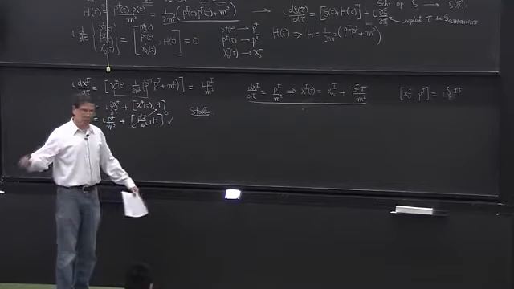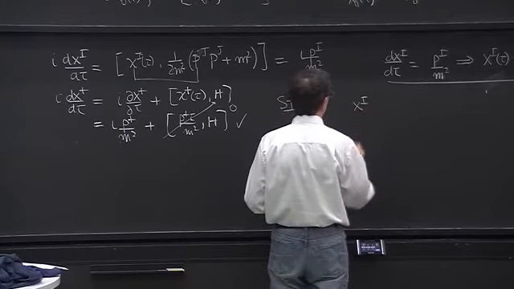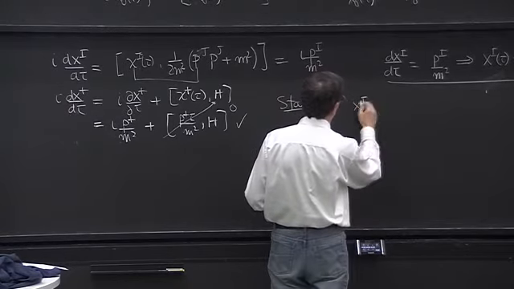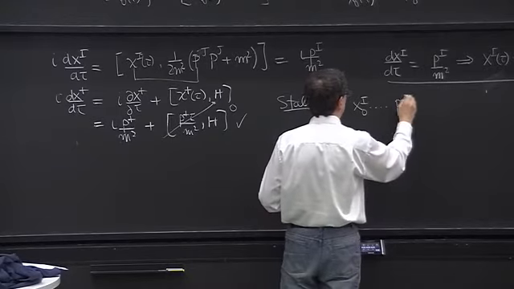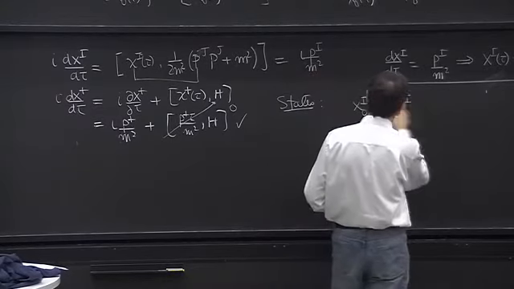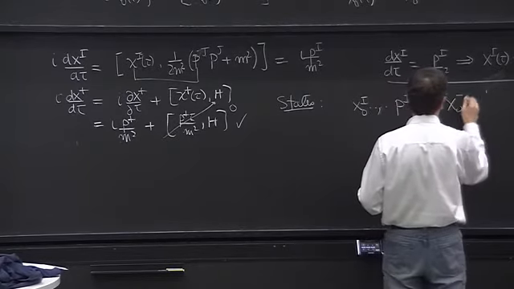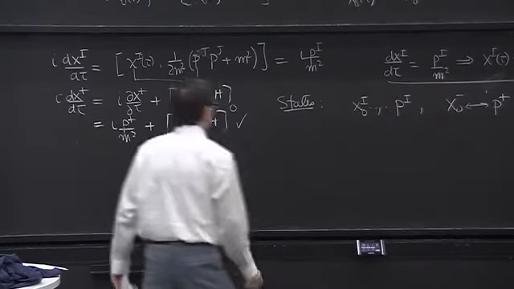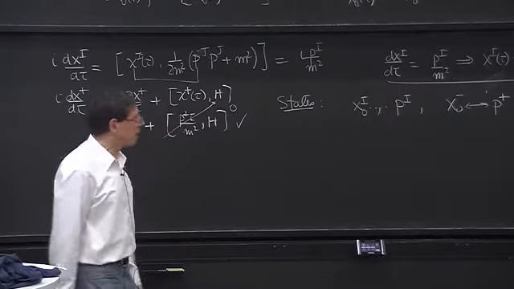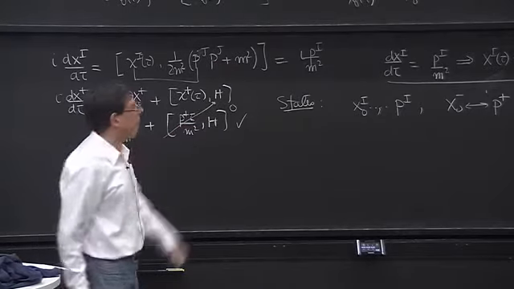You have a Hamiltonian, and what did you have at the end? You have canonical variables, x operators, x0, xi, with pi, a pair of operators that don't commute, and x0 minus and p plus. So the states of a system are characterized by saying that they're eigenstates of some operators.